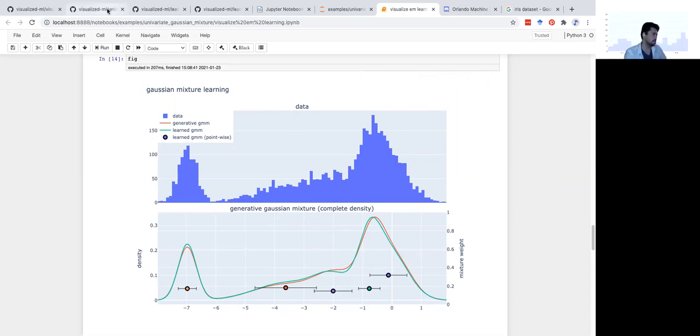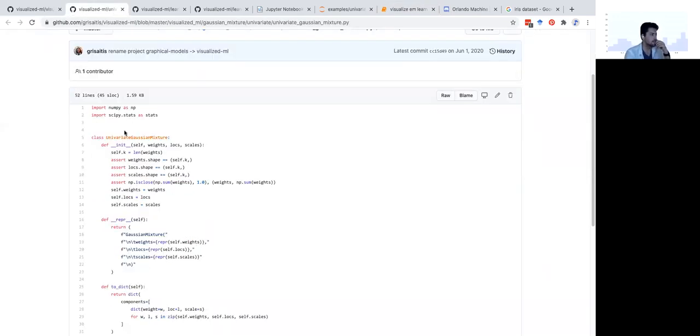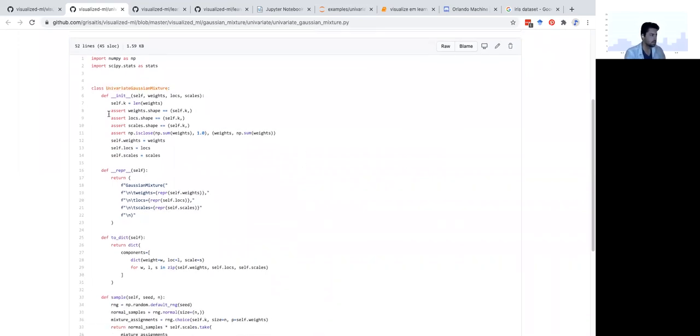And what that looks like is I have a univariate Gaussian mixture class where it's just parameterized by weights, which are, for each individual component, how much does it contribute to the overall mixture?